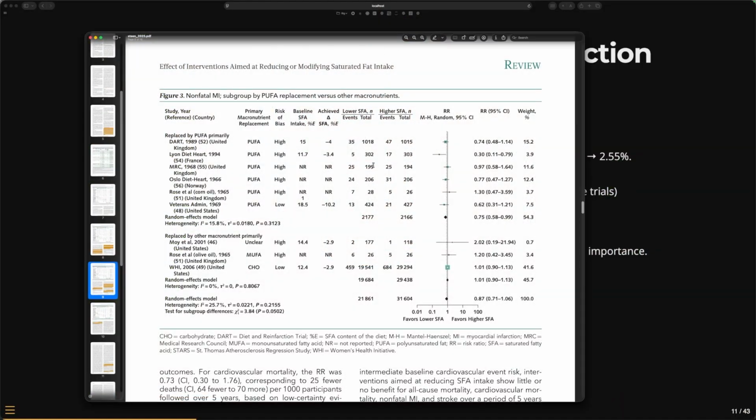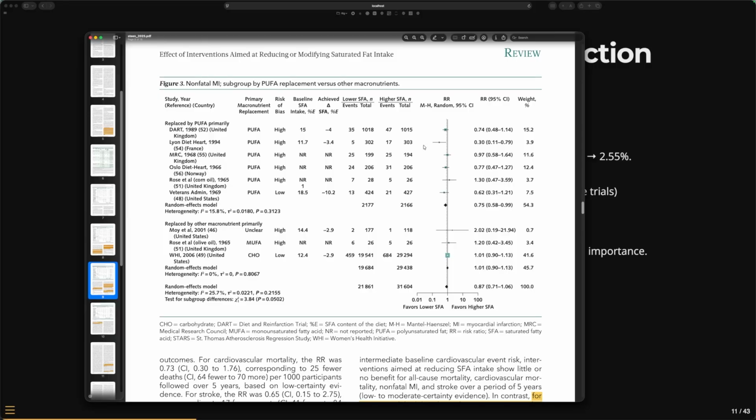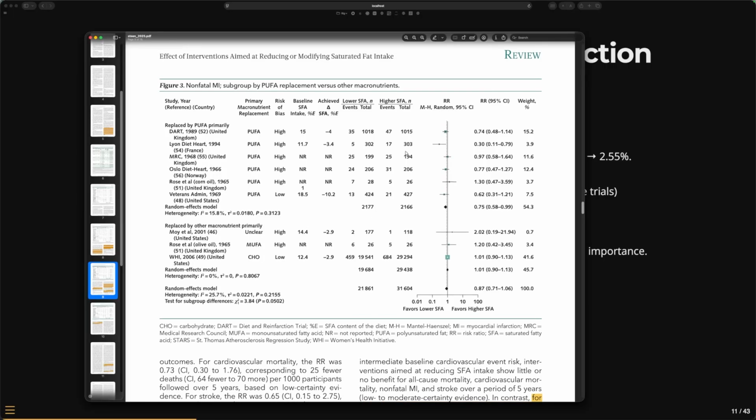So this is looking at one of the forest plots from Steen 2025, one of the meta-analyses we were talking about. And this one is looking at non-fatal myocardial infarction. So let's say we want to calculate a relative risk or risk ratio, same thing, for just one of these trials.